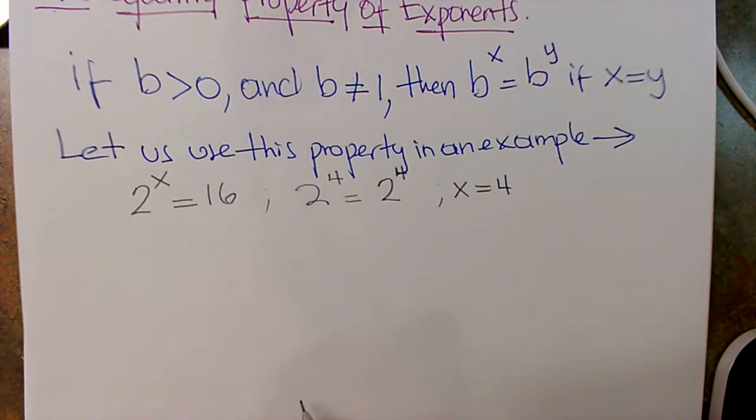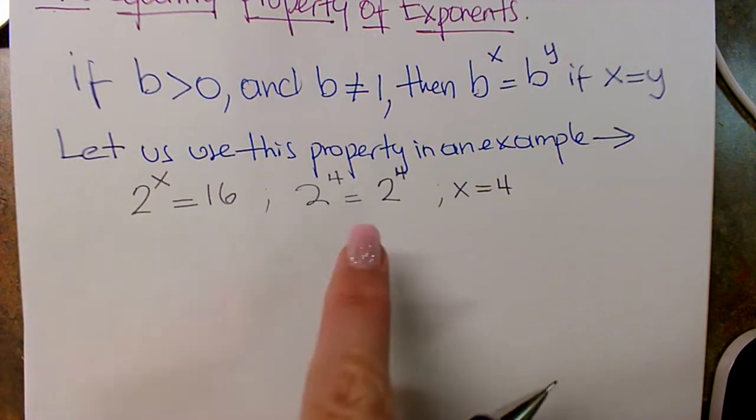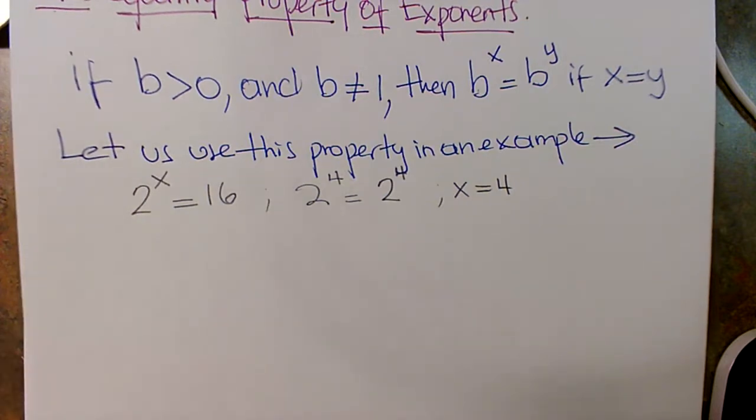It may have been very obvious that x is equal to 4, but that's not every case, okay? Not every example is going to be like this one. So let me give you a different one.